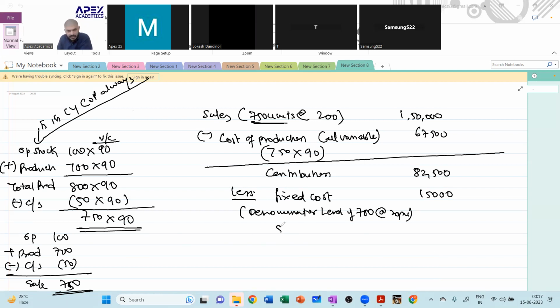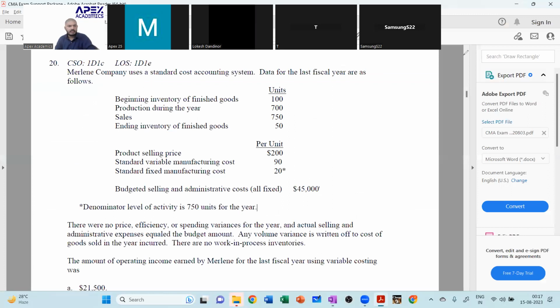And I have selling cost in this question. What is my selling cost? My selling cost over here is clearly seen to be 45,000. I hope this is clear and logical to everybody.